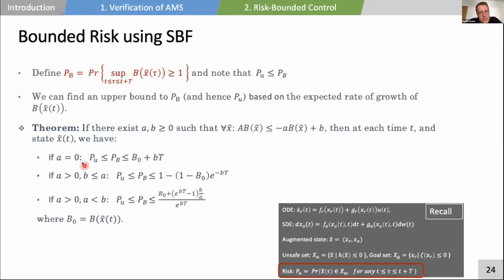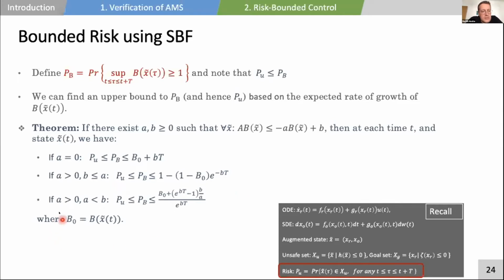So if a is equal to 0, we have P_U less than or equal to P_B less than or equal to B_0 plus bt. If a is greater than 0 and b is less than or equal to a, this gives us this expression: P_U less than or equal to P_B less than or equal to 1 minus B_0 times the exponential of negative bt.